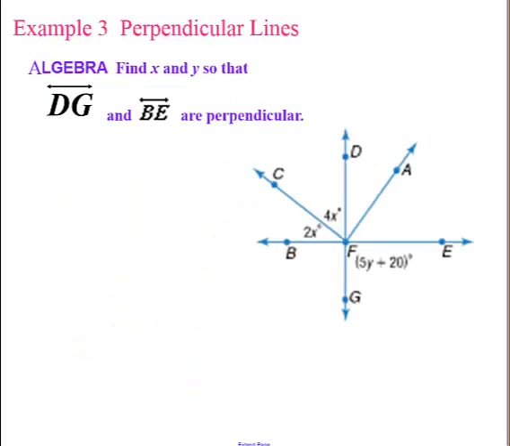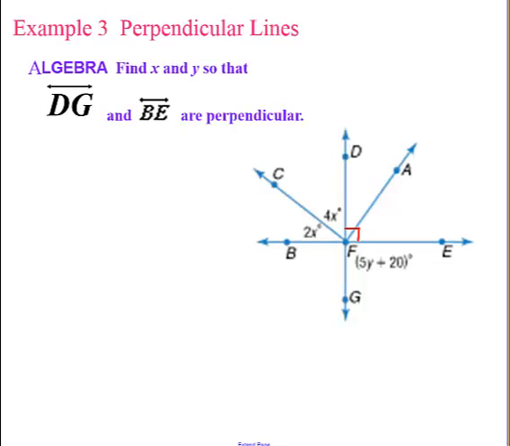Example 3, perpendicular lines. Find x and y so that line DG and line BE are perpendicular. So let's look at our picture. We're going to have to work 2 separate problems, one solving for x and one solving for y. Since it told us that line DG and BE are perpendicular, that means that they are making right angles.